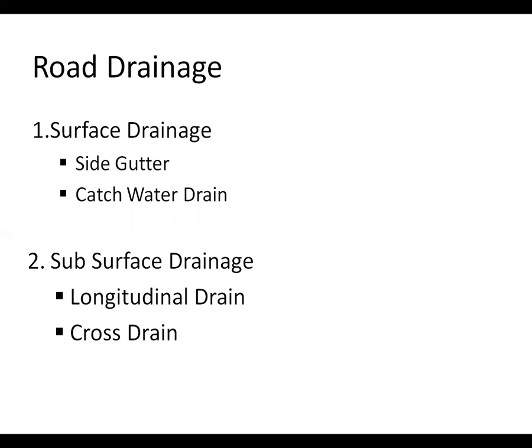Whatever water is stored or collected on the surface of a road must be drained off as quickly as possible, and transported to the nearby natural stream system, so that the road will not deteriorate. How is it possible for a road to deteriorate?